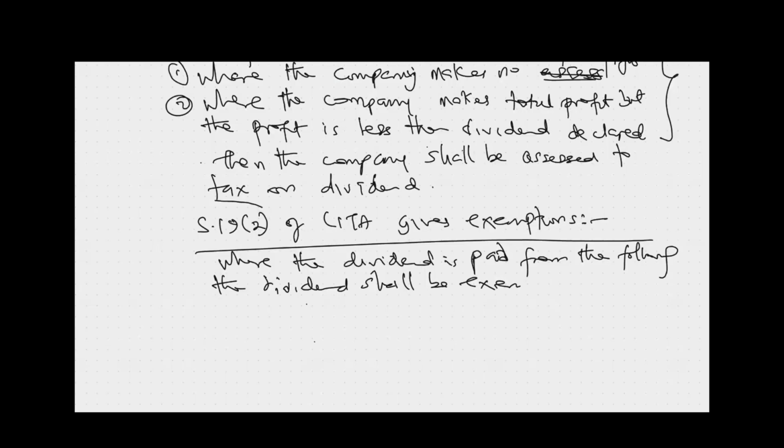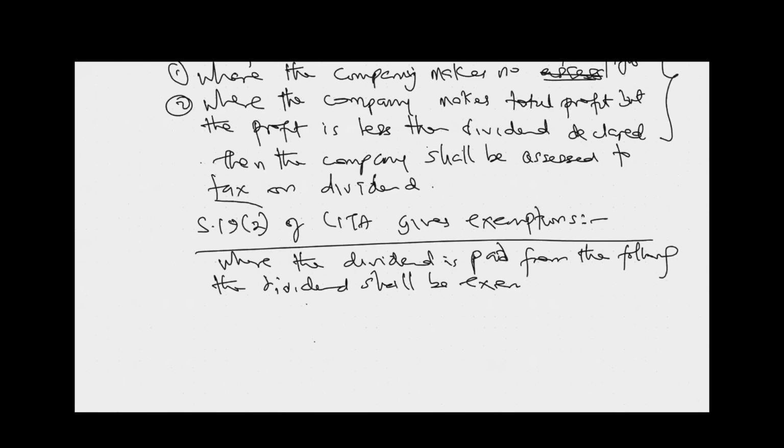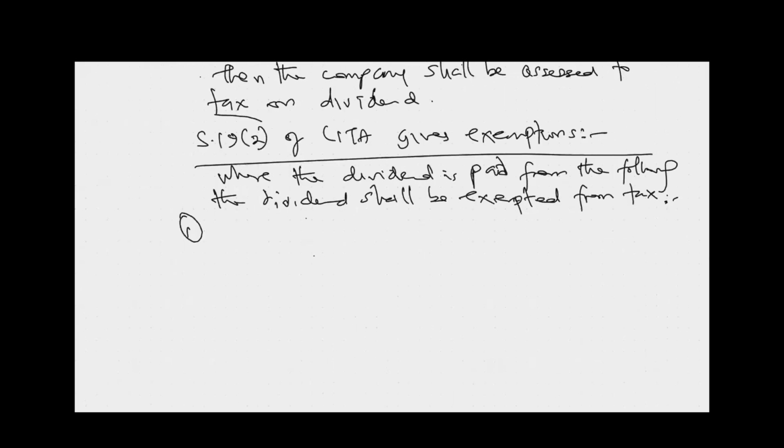So the answer is, if dividend is paid from the following, then the dividend shall be exempted from tax. Hold on, it's coming up. Now, what are we talking about here? Number 1, if dividend is paid from retained earnings, then it should be exempted from tax.